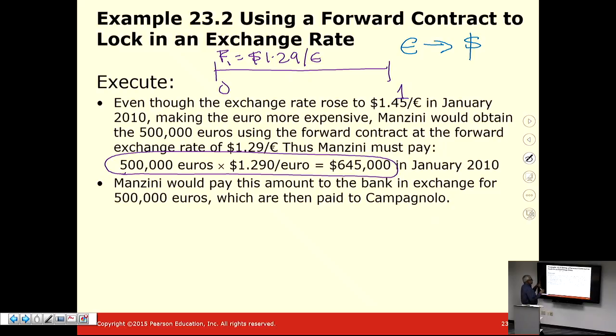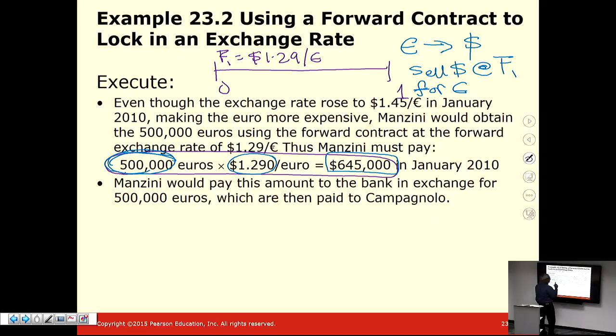In other words, Manzini will sell dollars a year from now at the forward rate of 1.29, and in exchange, they will buy euros. So multiply that by the 500,000 euros that they're buying. Essentially, Manzini will have to pay $645,000 to receive 500,000 euros.